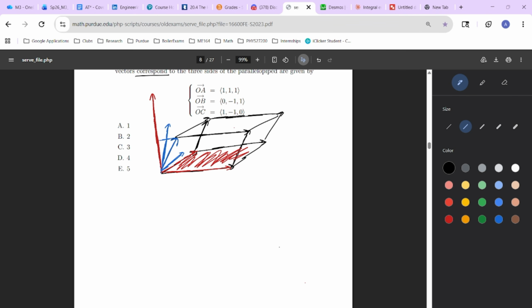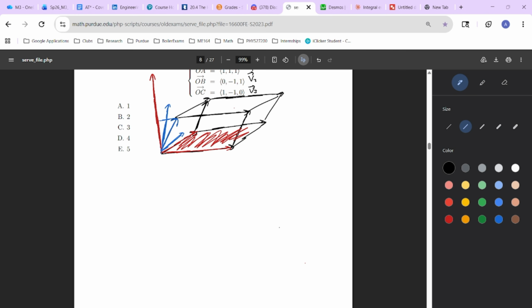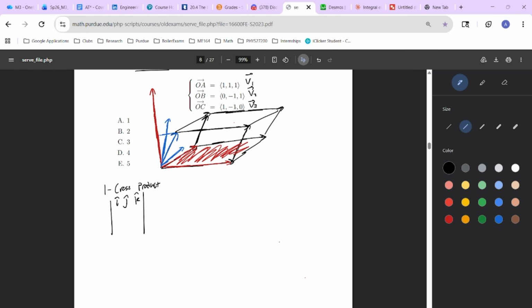I'm going to define each of these vectors as v1 for OA, v2 for OB, and v3 for OC. Our first step is the cross product. The cross product requires a matrix form where the top row is the elementary vectors i, j, and k, and the bottom 2 rows would be the first vector v1, which is 1, 1, 1, and the second vector v2, which is 0, negative 1, and 1.